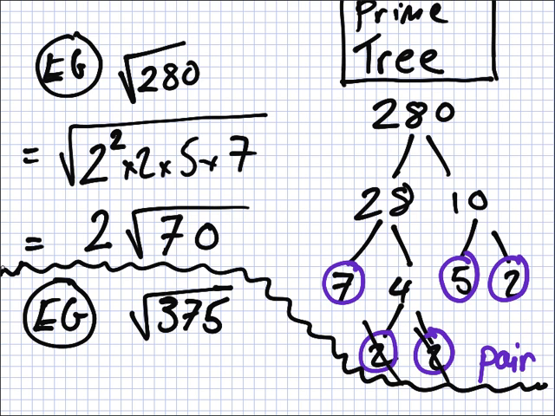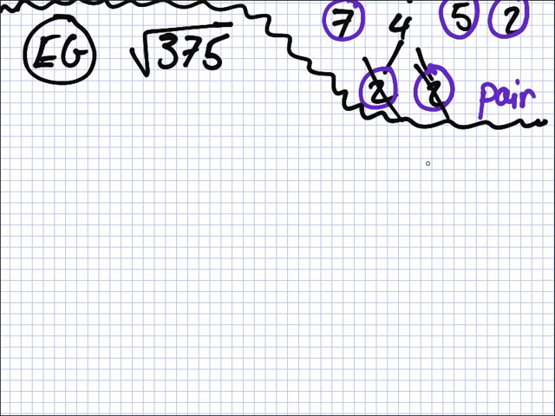Right. How are we doing on the root 375? Usually I see the 5, I always go back to 5 first. Exactly. So you can take out the 5. So you suggested that we take out the 5.